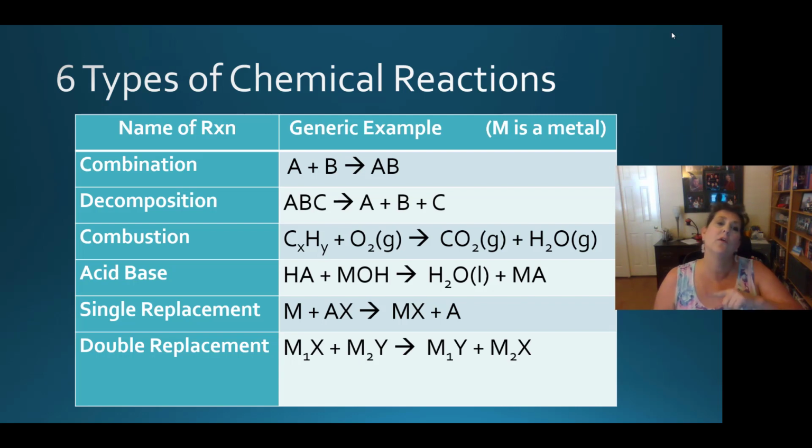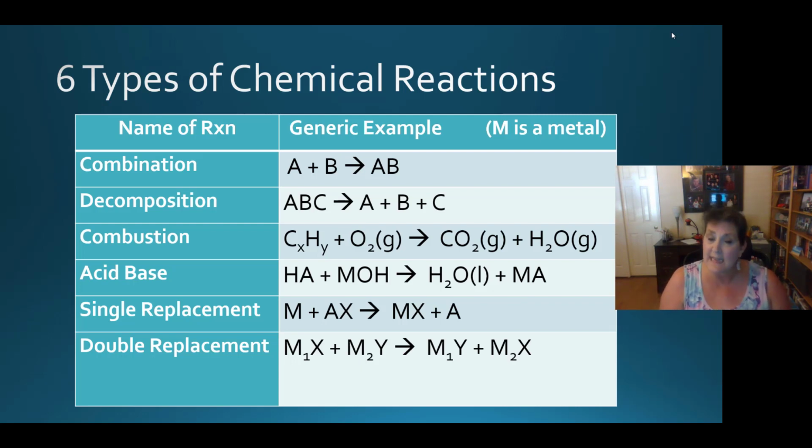If it is, that metal will kick out the metal in the compound and replace it, joining with the non-metal X. So the metal will kick the A out, join with the X and make MX plus A is by itself. So we have a metal replacing something in a compound if it's more active than it.